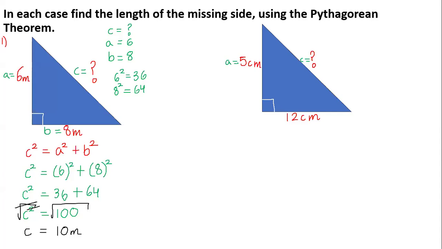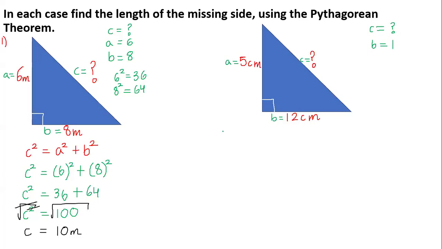All right, and then B is gonna be what? B is equal to 12. And so C is equal to question mark, we don't know. B is equal to 12 centimeters.